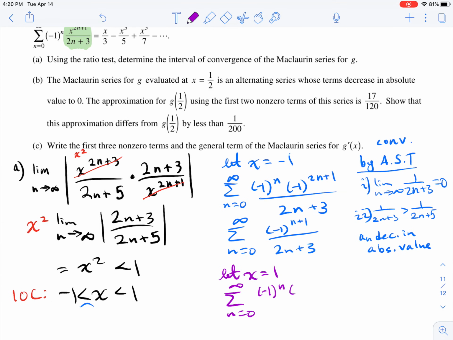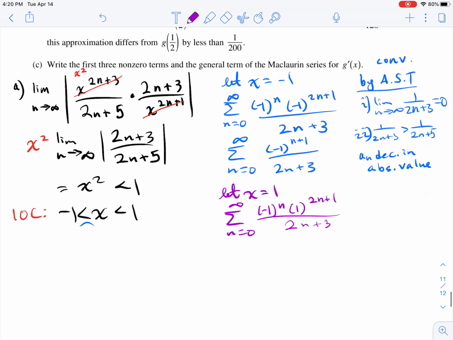We have positive 1 to the 2n plus 1, all over 2n plus 3. And that should clean up quite nicely to just negative 1 to the n over 2n plus 3.